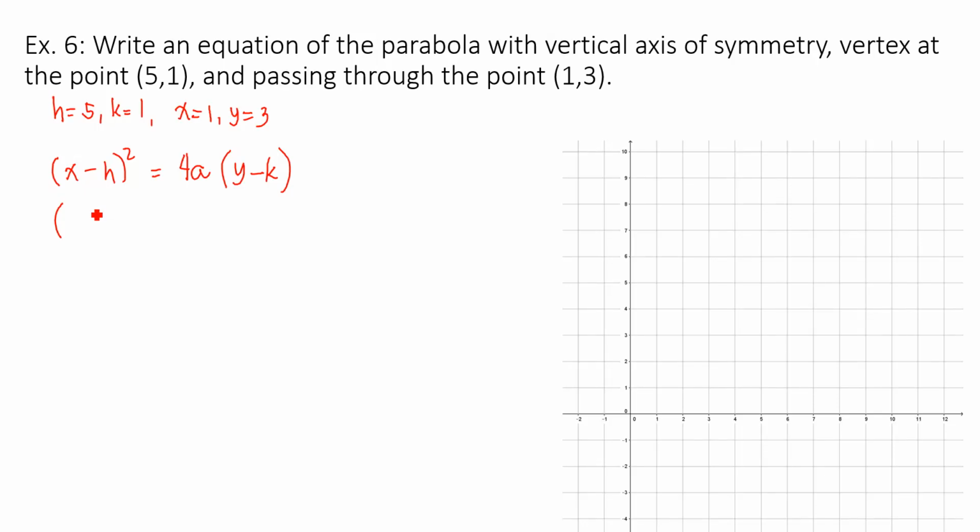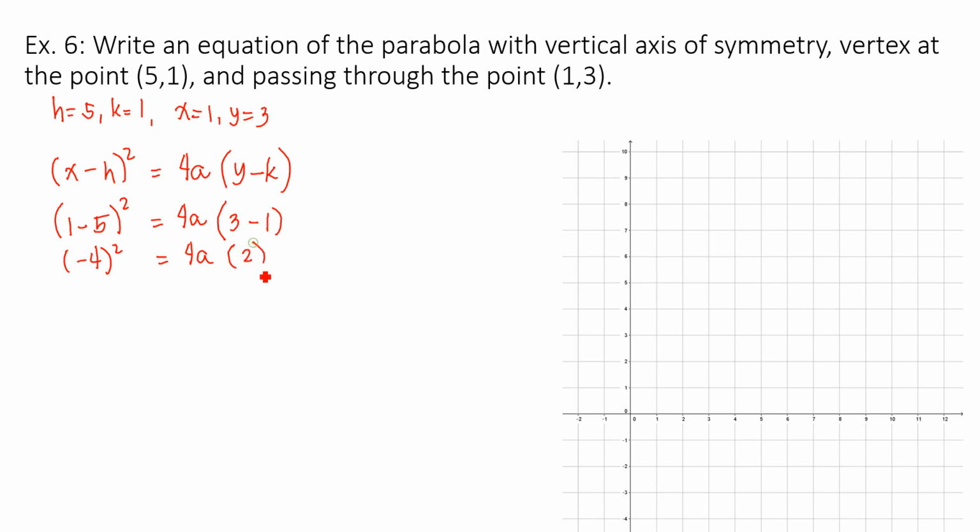Okay, so we have to substitute the value of our x. We have 1. Then substitute the value of our h, minus 5, quantity squared, is equal to 4a times the quantity of, substitute the value of our y, which is 3, minus 1, our k. So here we have 1 minus 5 is equal to -4 squared is equal to 4a times 3 minus 1 is 2.